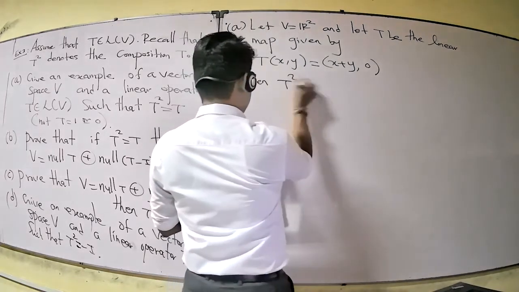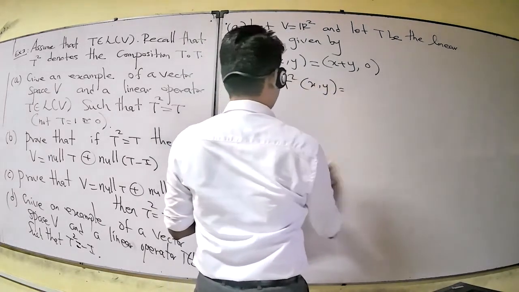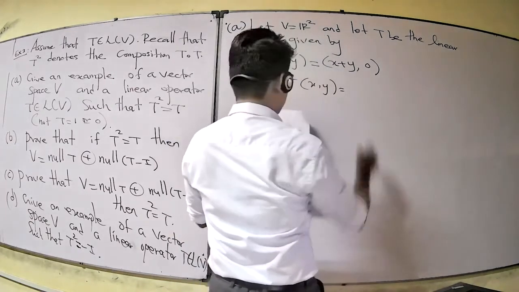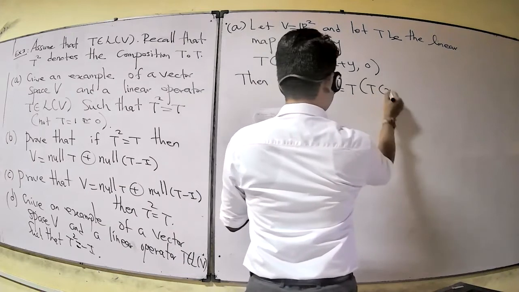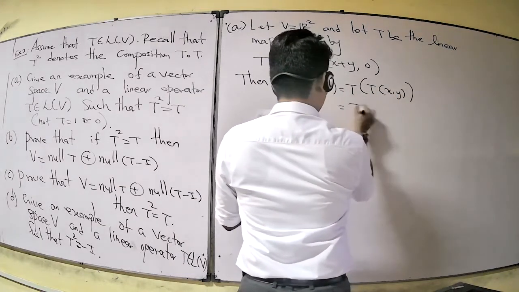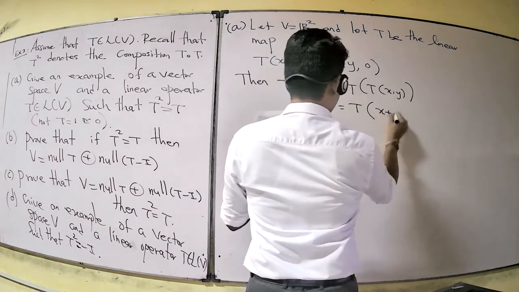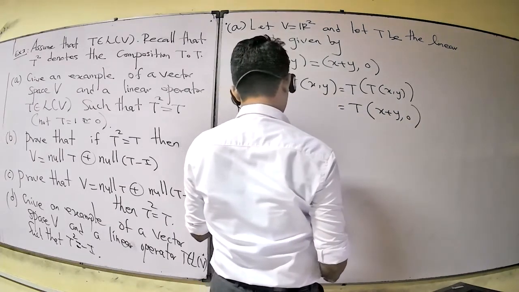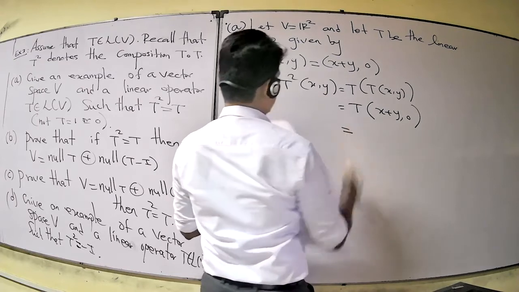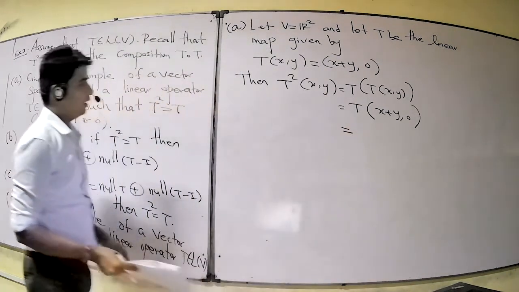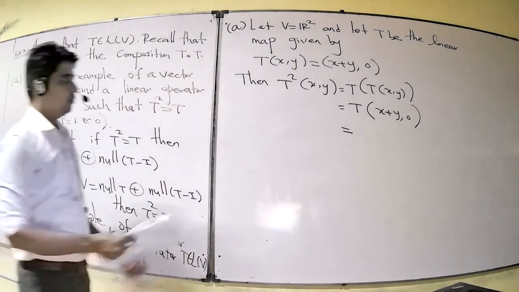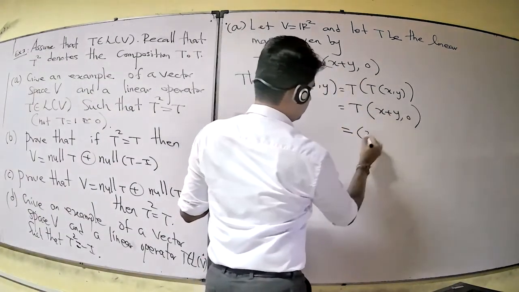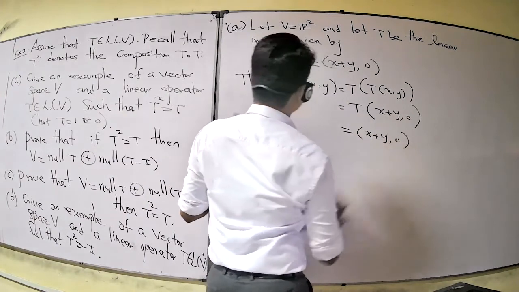T squared of (x, y) means T of T of (x, y). But T of (x, y) means here (x plus y, 0). Now, T of (x plus y, 0) means again (x plus y, 0).